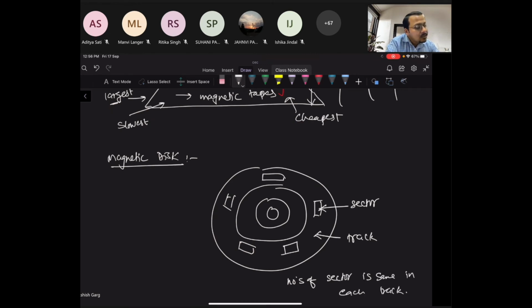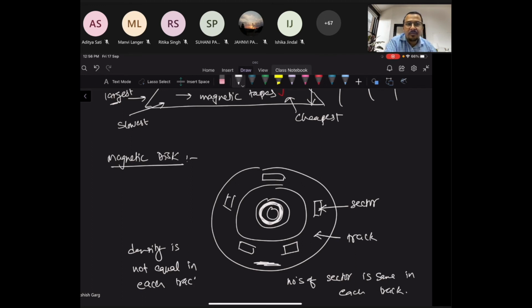That means here we have less space, whereas we have more space in our outer concentric circle. That's why density is not equal in each track.